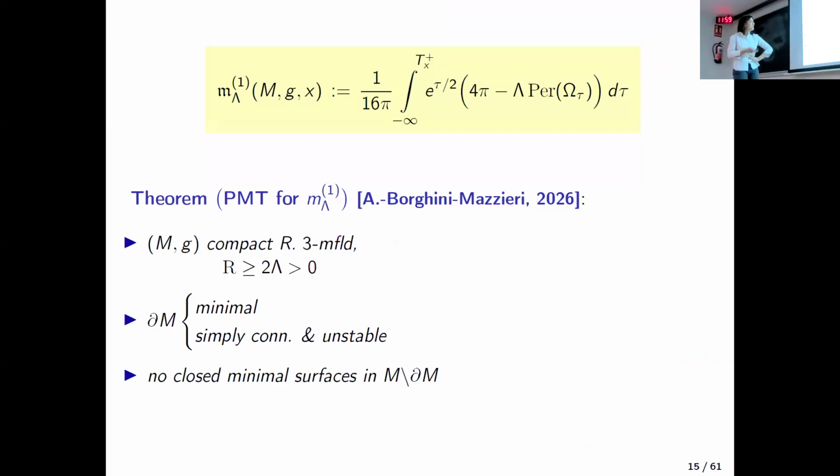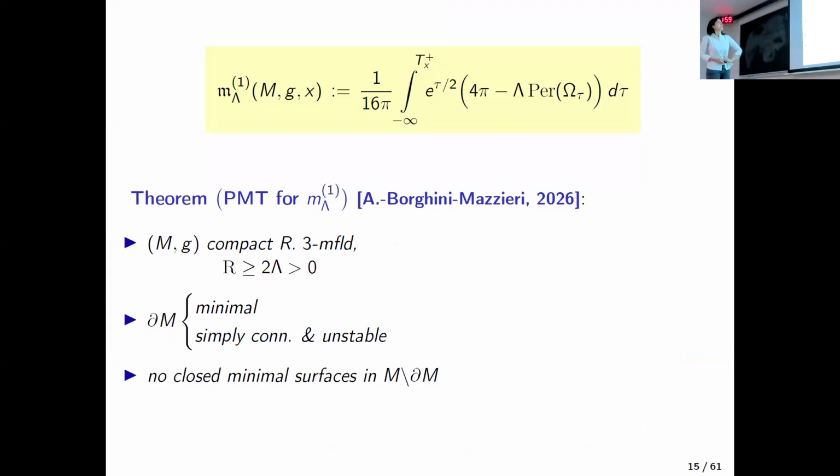But it's not enough. Actually, it satisfies the positive mass theorem. It's also characterized. So if you are on the model space, the mass is 0, but also vice versa. If the mass is 0, then your space is the de Sitter. It's exactly what the total Hawking mass doesn't do.